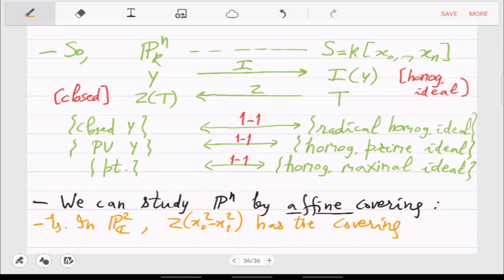So what we think of is there are three variables x0, x1, x2 in the affine 3-space, and we cannot have all three equal to 0. So we set x0 to 1, then we set x1 to 1, and then we set x2 to 1. Right? So basically those are the three affine parts of this projective zero set.